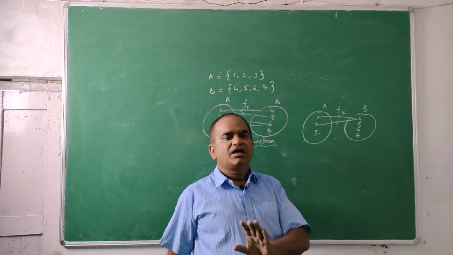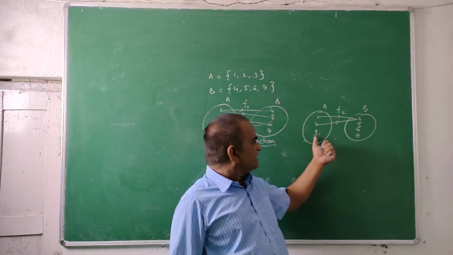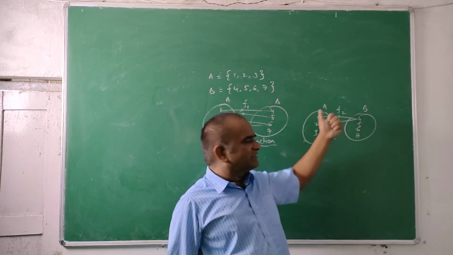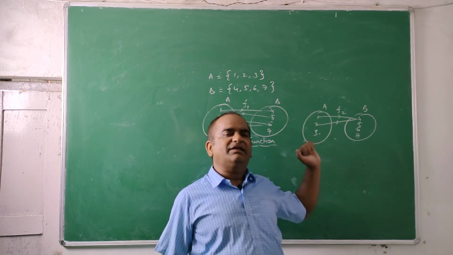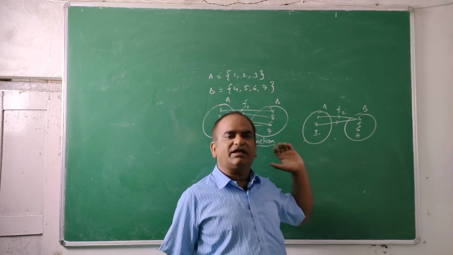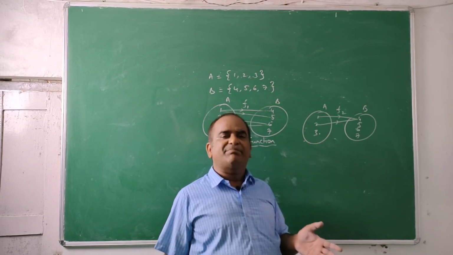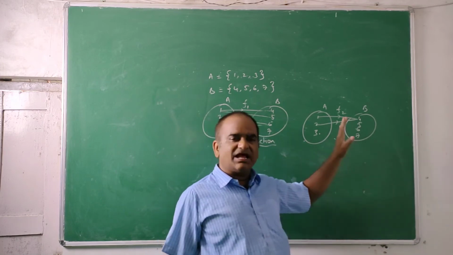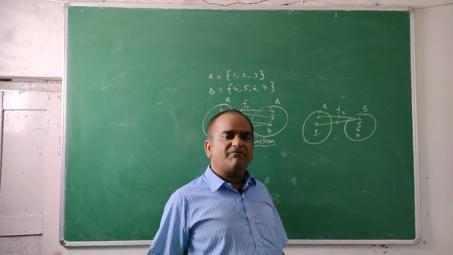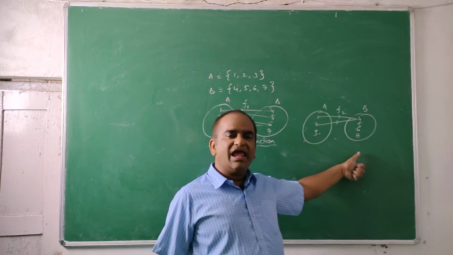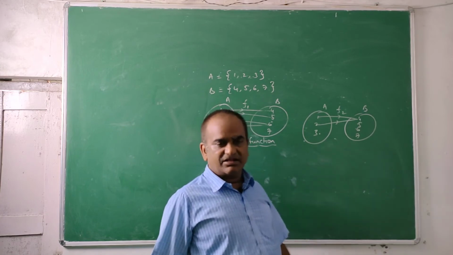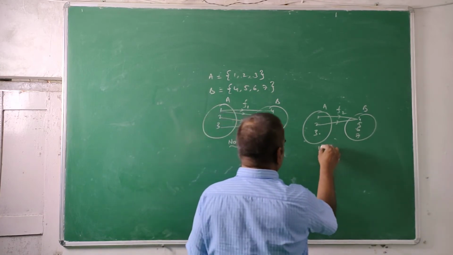No. Because here the element 3 in set A has no association in set B. It is left over without any image. That should not happen. So it is a relation, but it cannot be a function, as 3 has no image in B. So not a function.